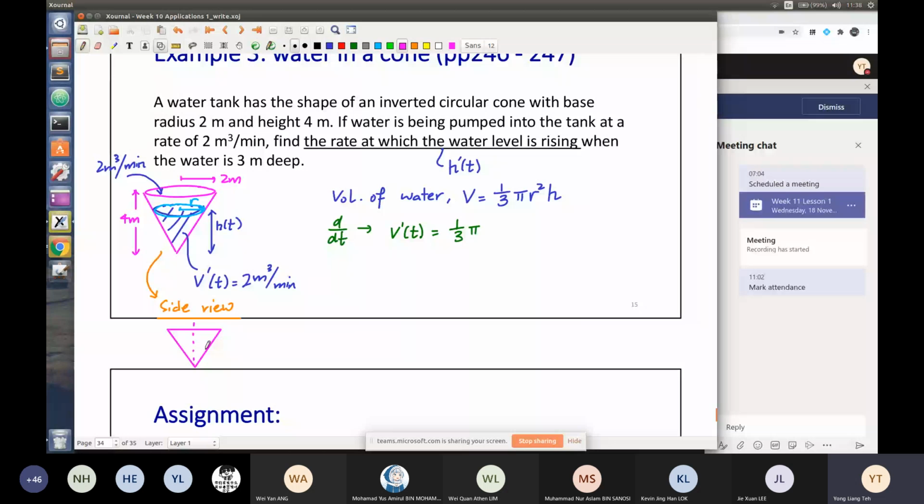Then you have your level here. So we see that this is h, and this is r. By similar triangles, this is my 2, and this height is my 4.